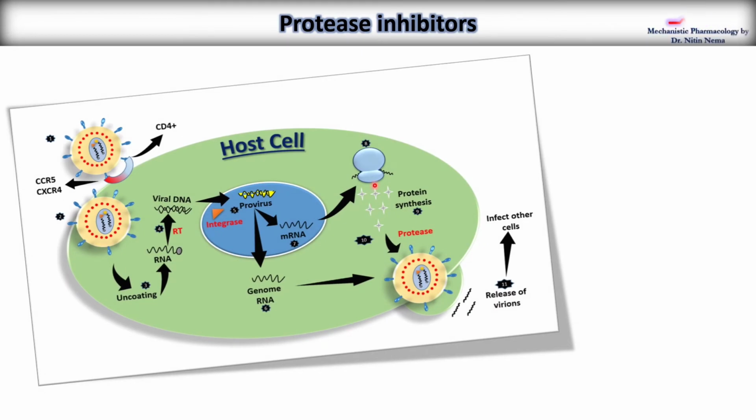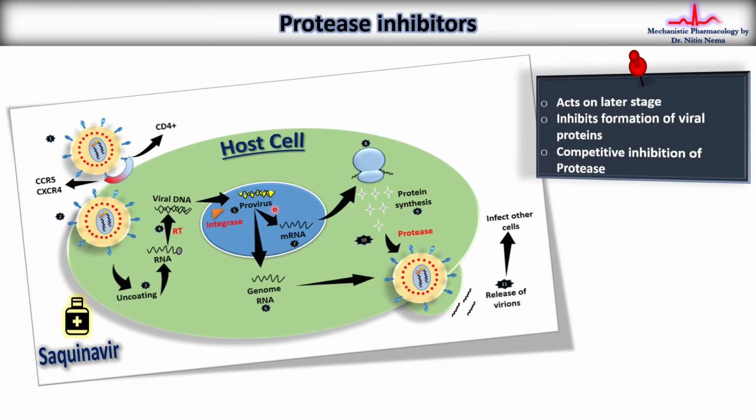Now, coming towards the fourth category of antiretroviral drugs, that is protease inhibitors. The drug belonging to this category is Ritonavir. Friends, these drugs act on the later stage of viral replication, where they inhibit the formation of new viral protein via competitive inhibition of the enzyme protease.